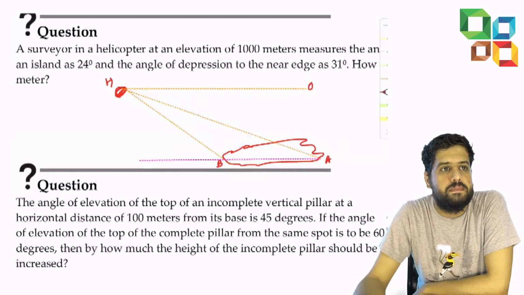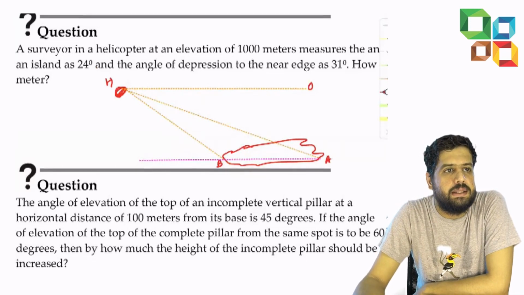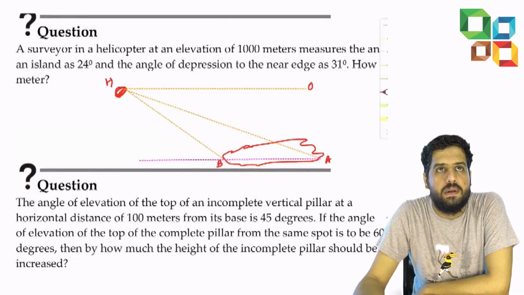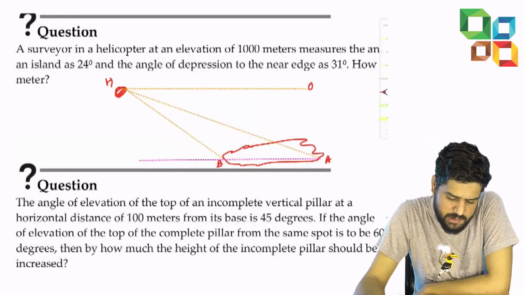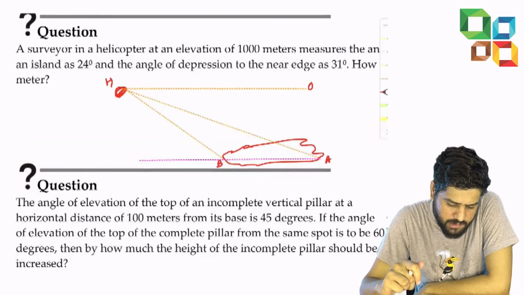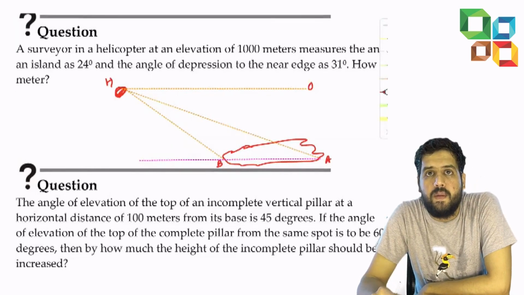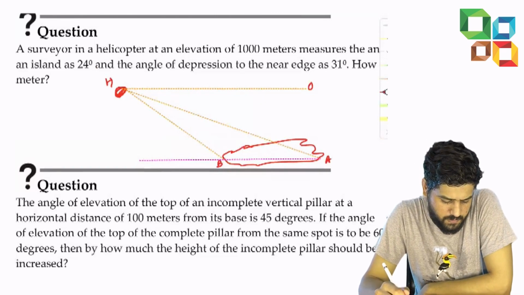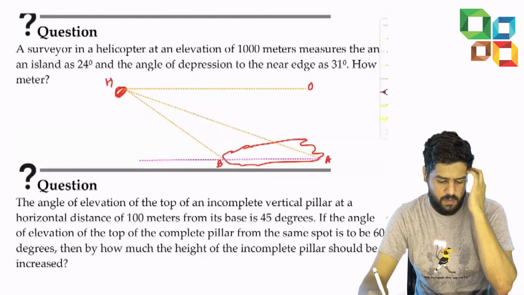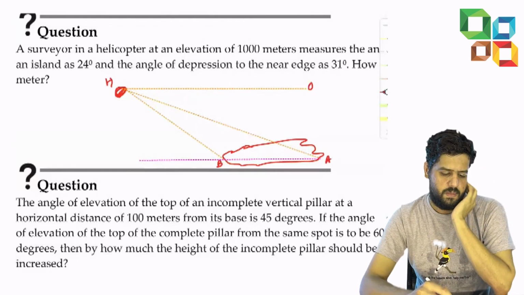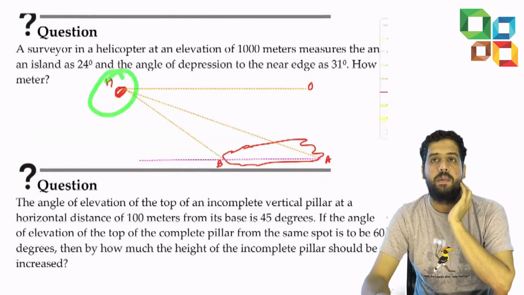Pranav, can you tell me what are the heights? What are the angles here? What is this 24 degree and what is the 31 degree in this? Pranav Shane. The person is here on the helicopter, right?